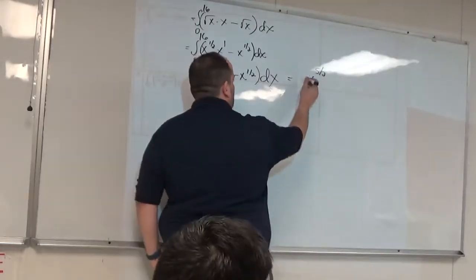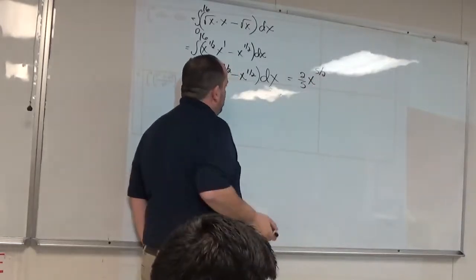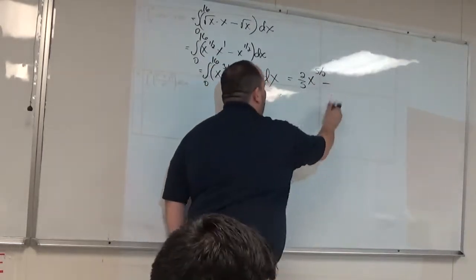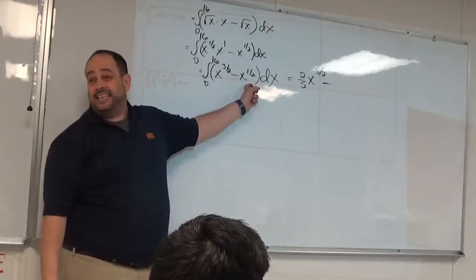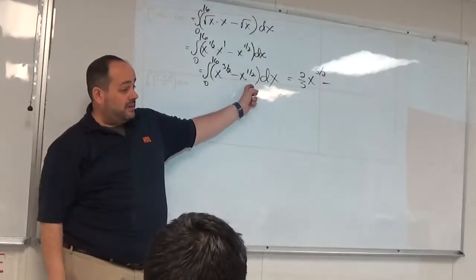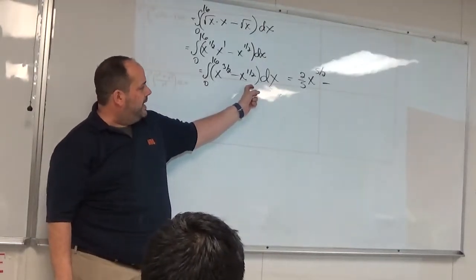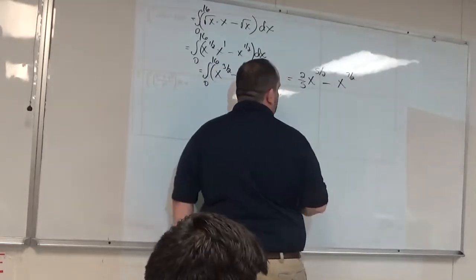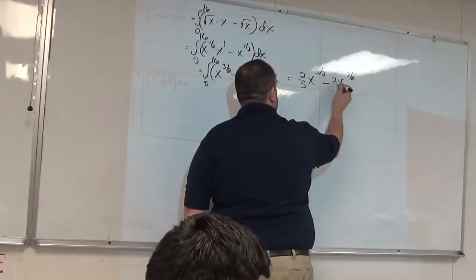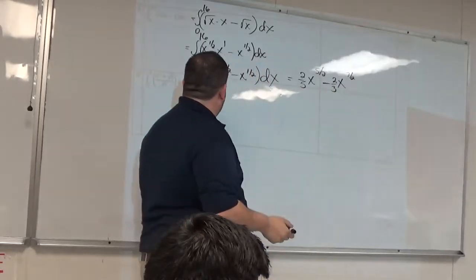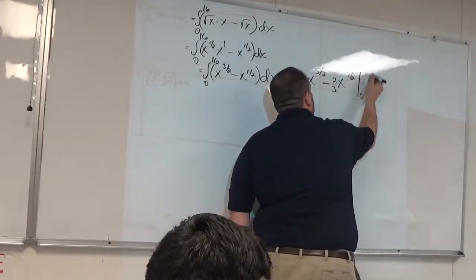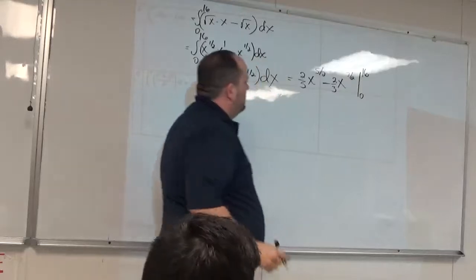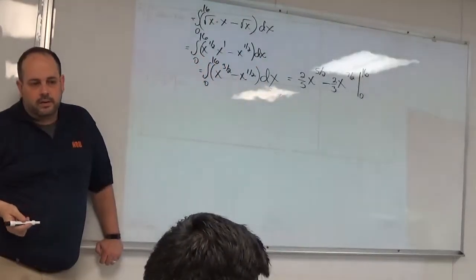So 1 divided by 5/2 is 2/5, minus x to the 1/2. I've got to find the antiderivative of the indefinite integral. Add 1 to the power. X to the 3/2, divide by that new power, 2/3. That's good. Now we evaluate from 0 to 16.